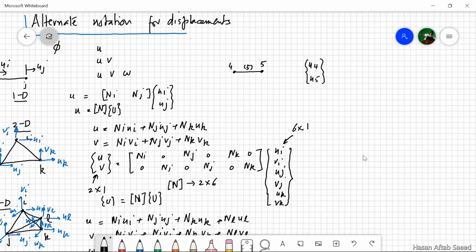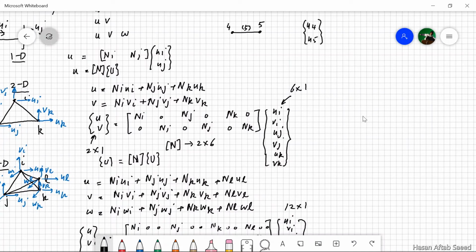For example, consider this 2D element. Let's call this I node, this is J, and this is K. And I node for this element number 7, for example, doesn't matter, is node number 4, J node is node number 6, and K node is node number 10. Now the issue is here there's no one-to-one correspondence between the node number and the system degree of freedom.